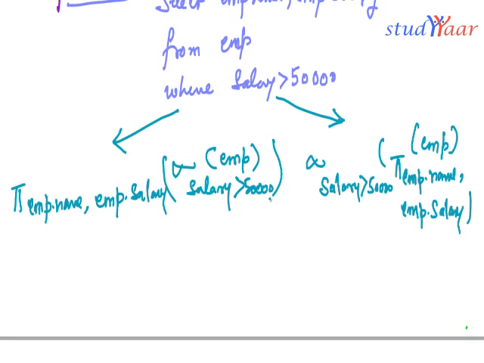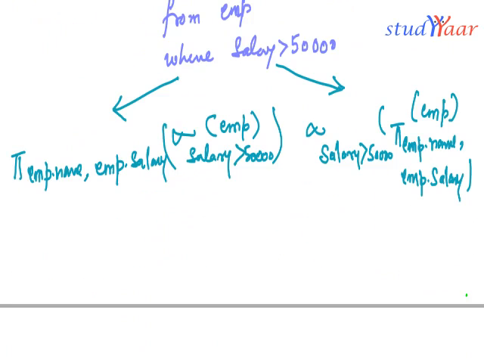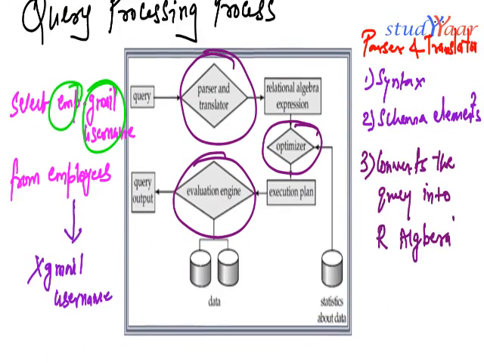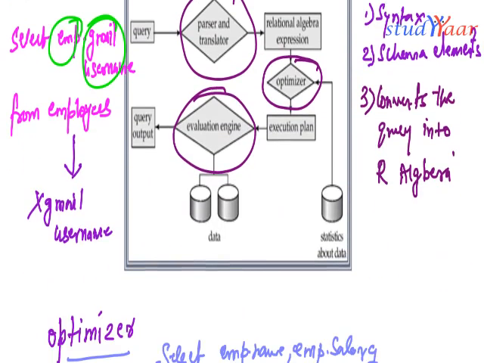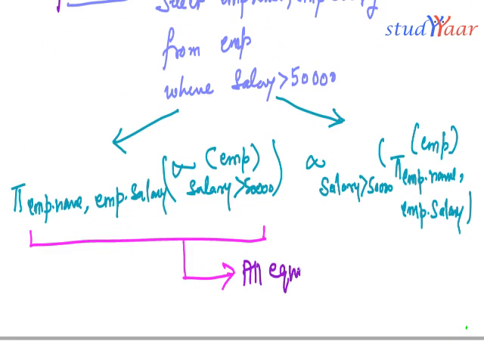So what my optimizer does is, let's suppose my parser and translator gives me this query. My optimizer first is going to find all equivalent relational algebra expressions.